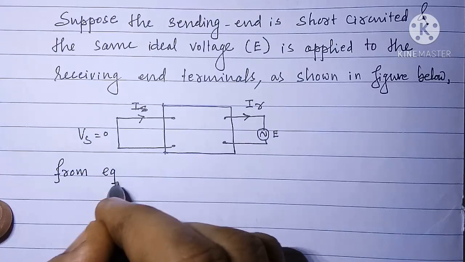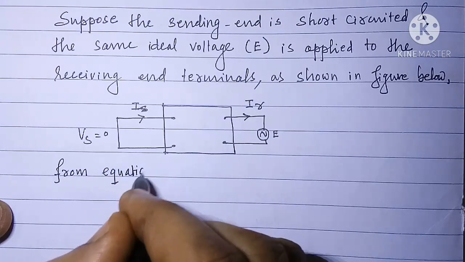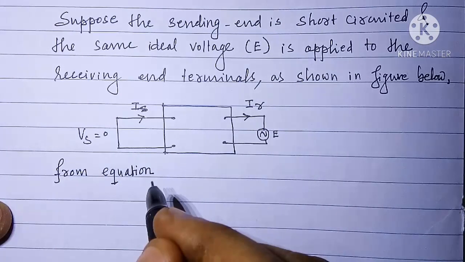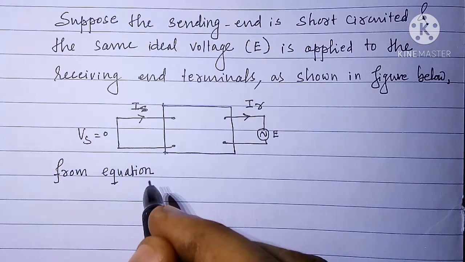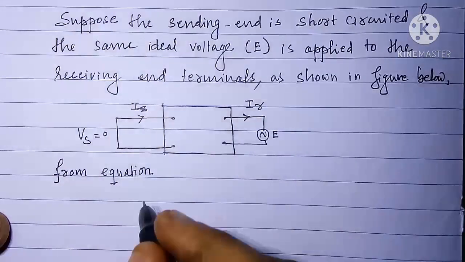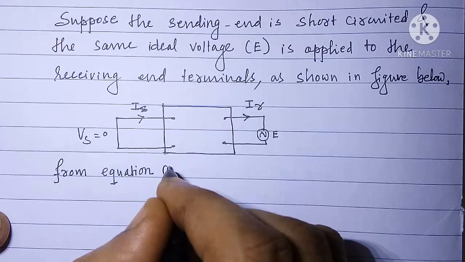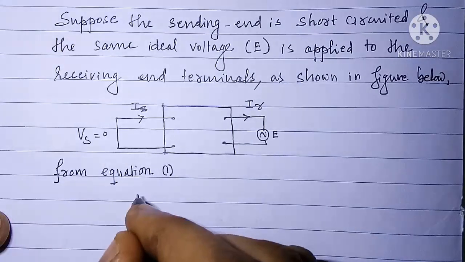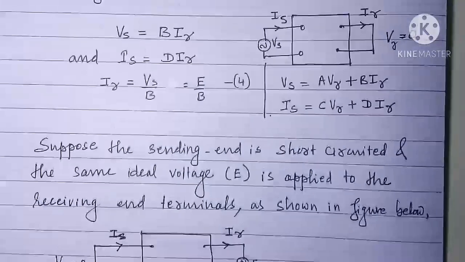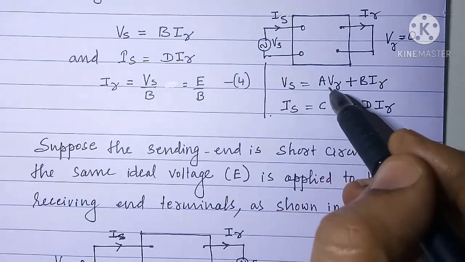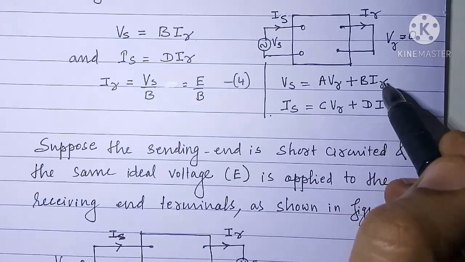From equation 1, that is Vs equal to A into VR plus B into IR.